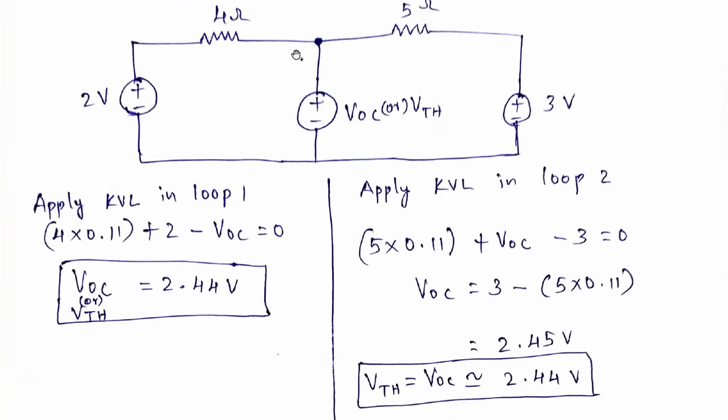Here you need to open the circuit, so this is nothing but the open circuit voltage at the center point. So we are calculating in the center of the line. Here we are considering VOC and VTH, calculating the VTH, and from that VTH we are calculating the IL in this particular circuit.